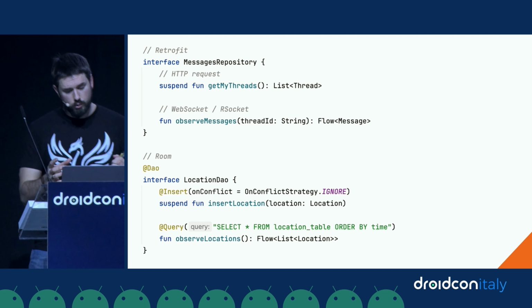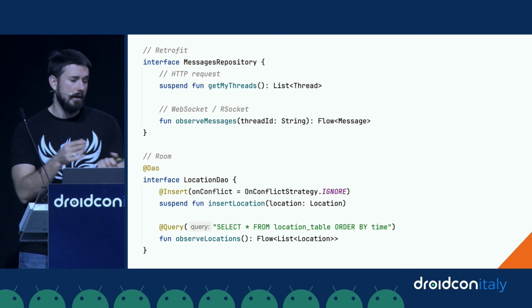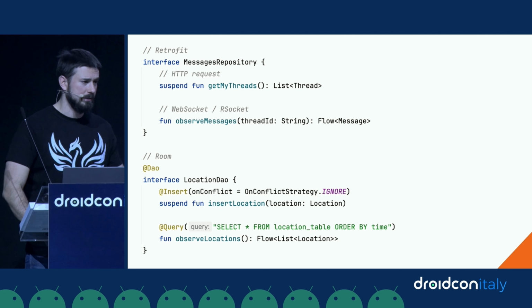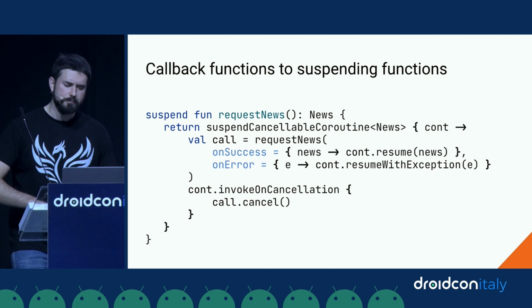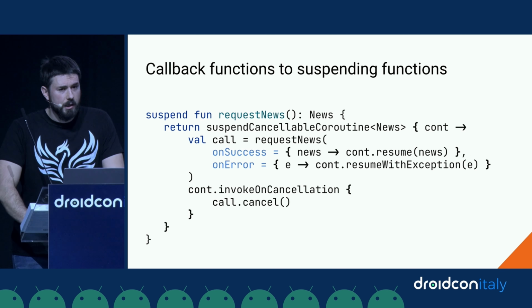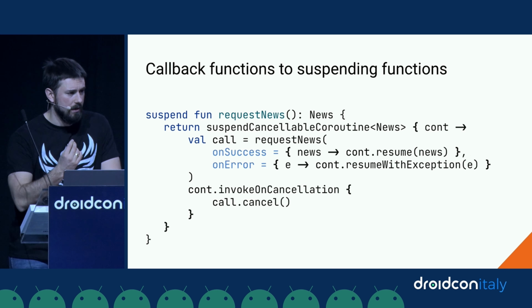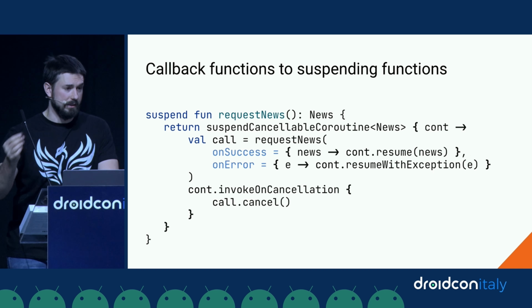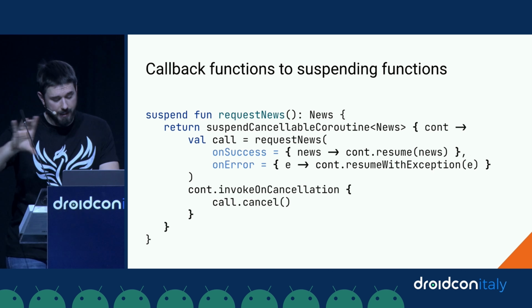Okay, so what to do if you want to have a coroutine-specific API and you don't have it? How can you make your own wrapper? There are three typical situations. The first situation is when you have a callback API that emits only one value. The typical pattern is that we use suspendCancellableCoroutine, which suspends our coroutine and executes this block.